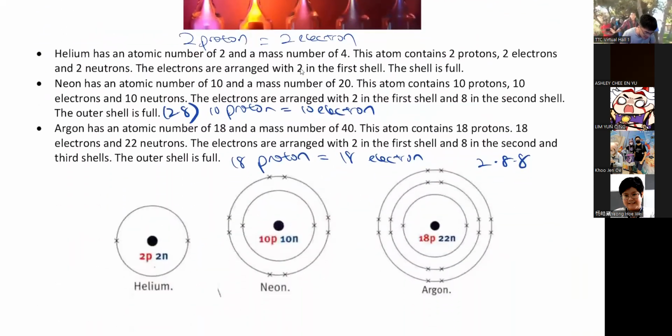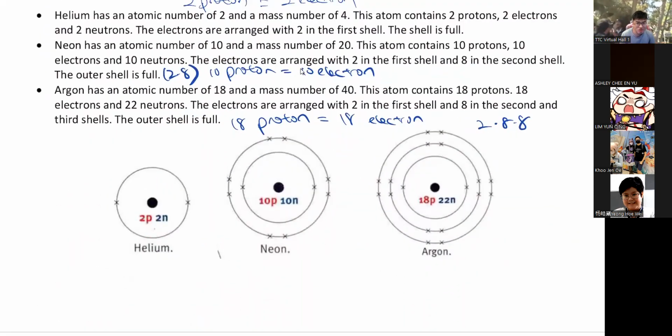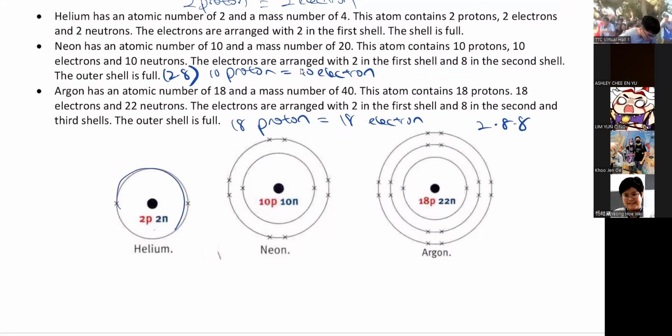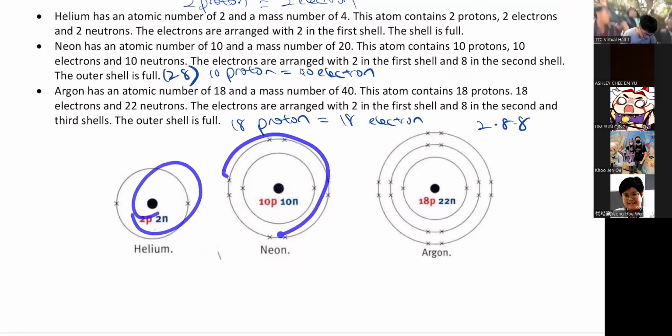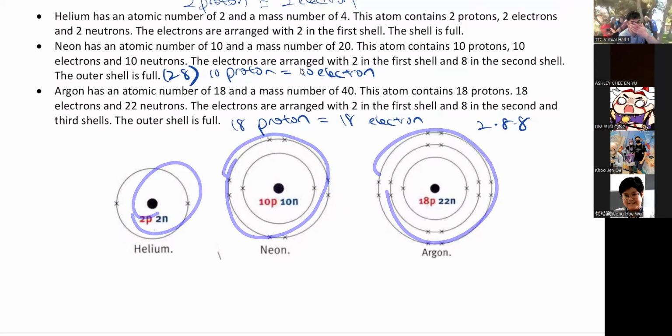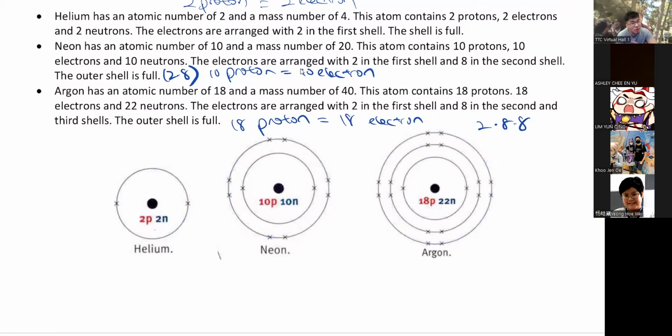Whereas your group 18, do they need to do anything? Do they need to do anything? No. You see, 2 perfect, full, 8 perfect, 8 perfect. They are already full, no need to throw or take. If you already have 8 electrons on the outside, you are already perfect. Would you go and do something more to make yourself more perfect? No, you won't. It's like, okay lah, enough already lah. I'm good enough.